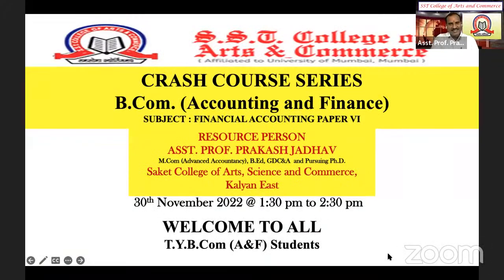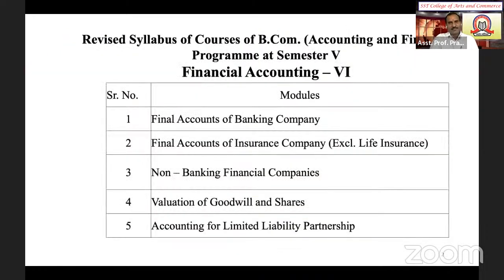Once again, I am welcoming all the students who are going to appear for the semester 5 examination. Paper 6 has 5 modules. Module 1: final accounts of banking company. Module 2: final accounts of insurance company.